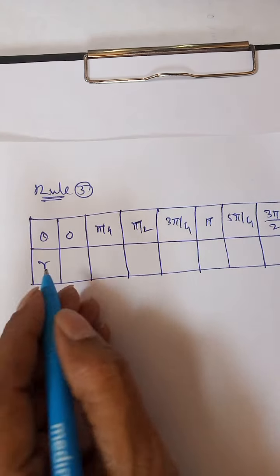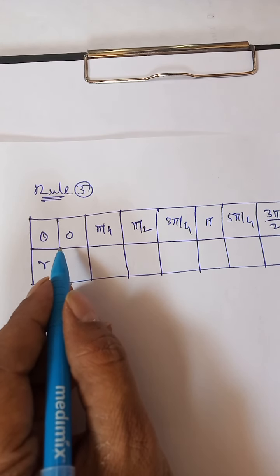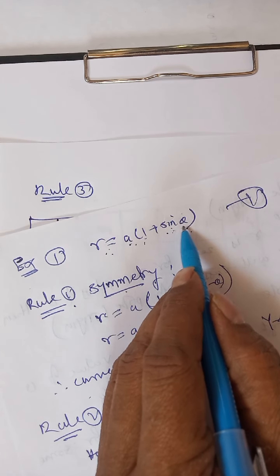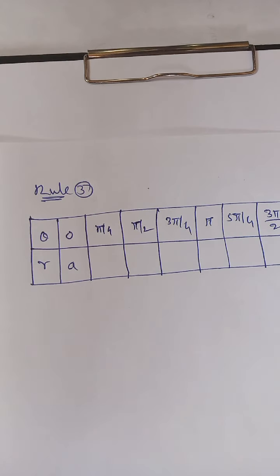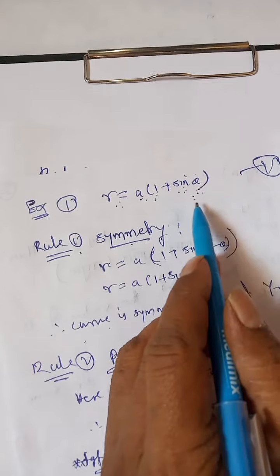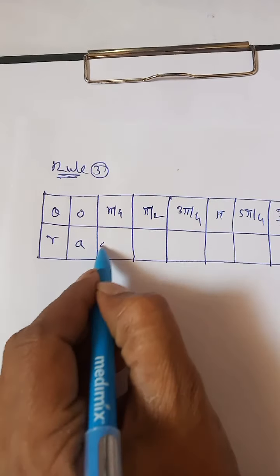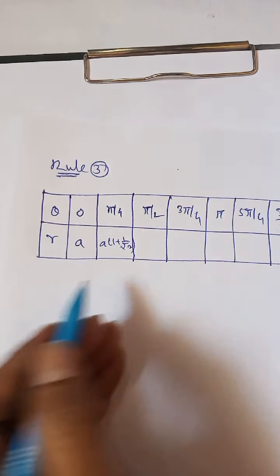So see the value of r for theta equals 0. Sine 0 is 0, so r is a. Theta equals pi by 4: sine pi by 4 is 1 by root 2, so it is a into (1 plus 1 by root 2).